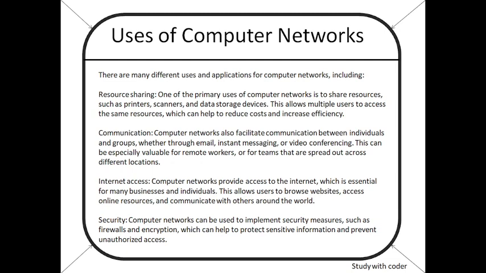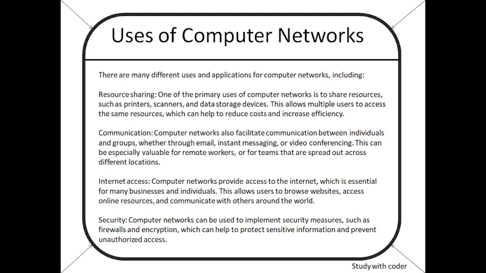Next, uses of a computer network. There are many different uses and applications of computer networks, including resource sharing, communications, internet access, and security. First, resource sharing. One of the primary uses of a computer network is to share resources such as a printer, scanner, and data storage device.